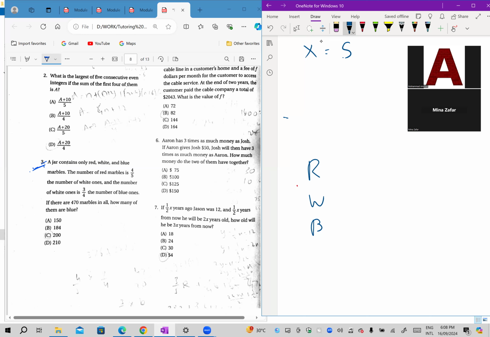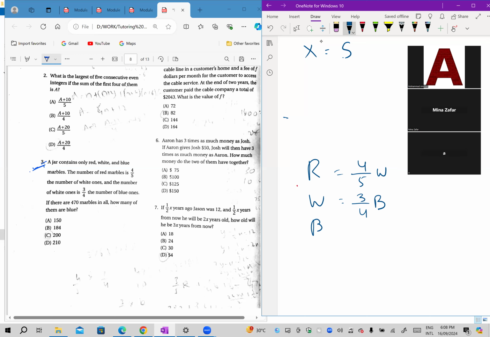So that means your expression will be that red is equal to 4/5 W, because red marbles are 4/5 of white ones. And the white ones are 3/4 times blue. So 3/4 of blue marbles is equal to white marbles.